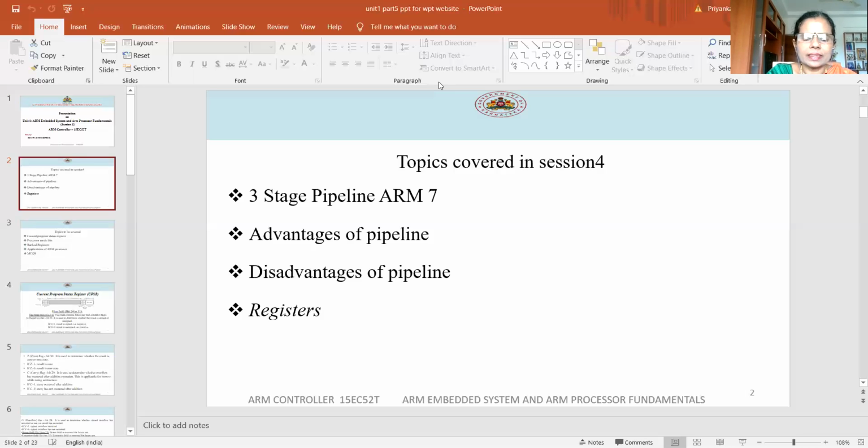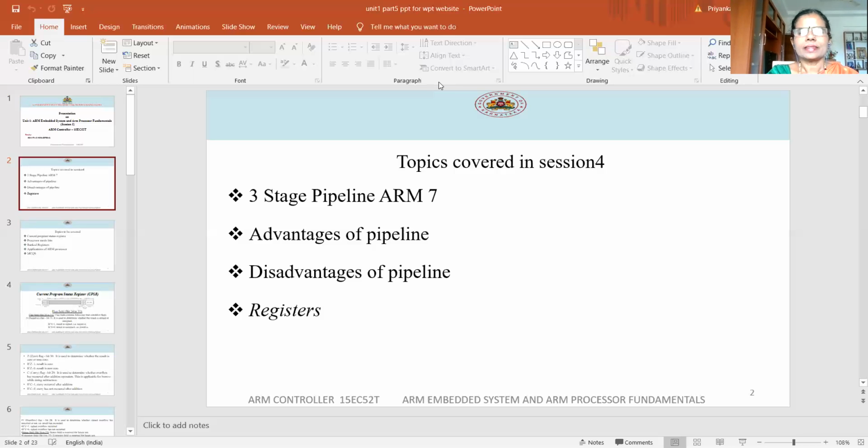But in advantages, we studied that the execution speed increases, because fetching an instruction while decoding and executing the previous instruction is called pipelining. Since all these activities happen simultaneously, the processor speed definitely increases, and because of this the throughput and performance also increase.